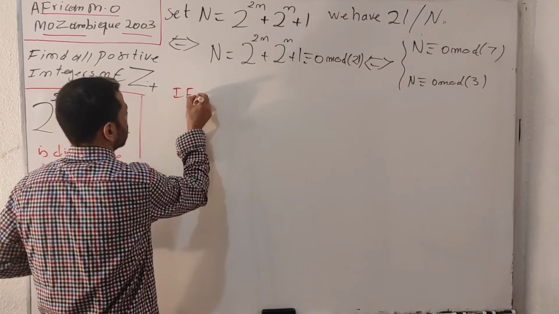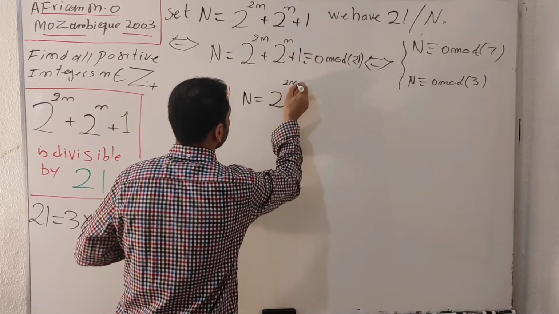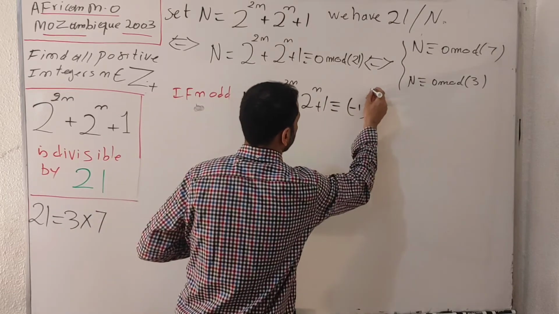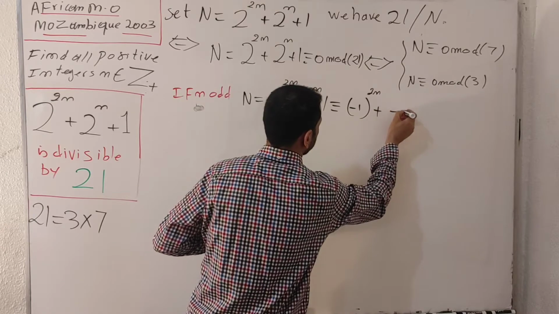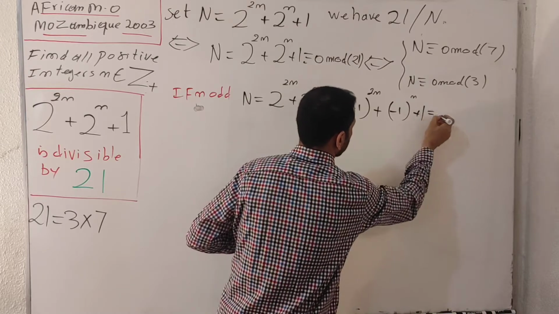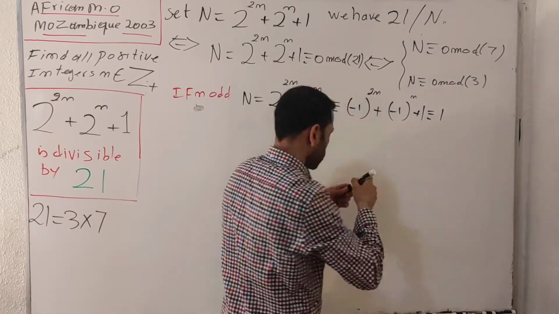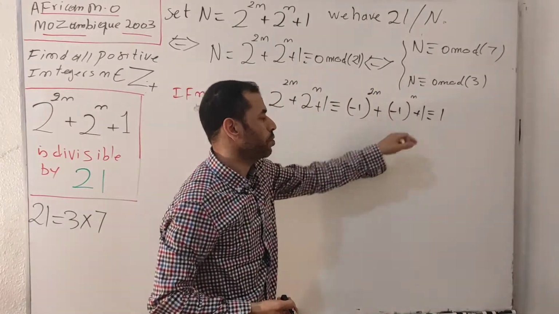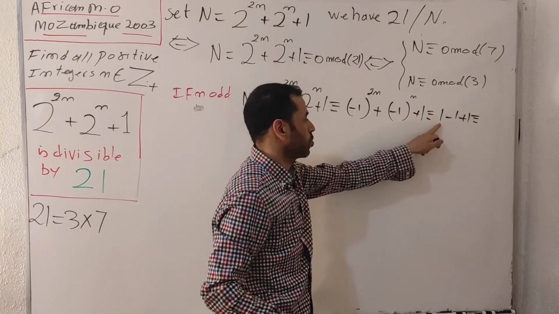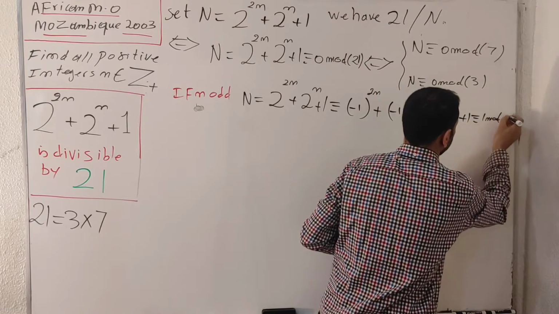If n is odd, we have capital N, which equals 2 to the 2n plus 2 to the n plus 1, congruent to (-1) to the 2n plus (-1) to the n plus 1. Here (-1) to the 2n is 1, and since n is odd, (-1) to the n becomes -1. Then -1 and 1 cancel out, and I'm left with 1 congruent to 1 mod 3.